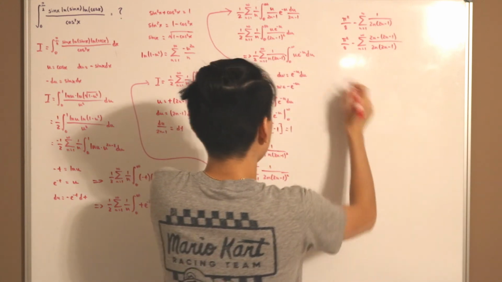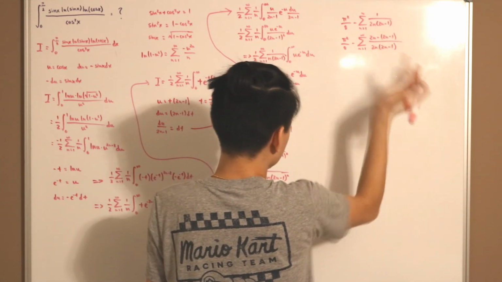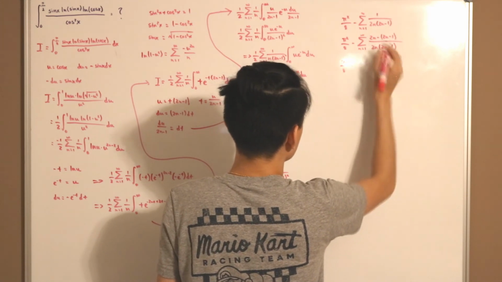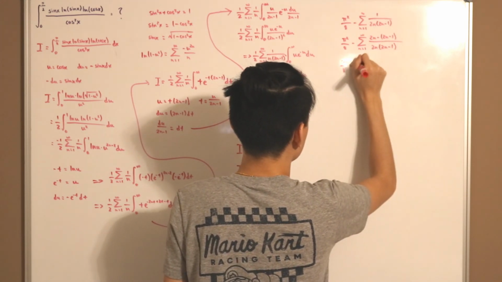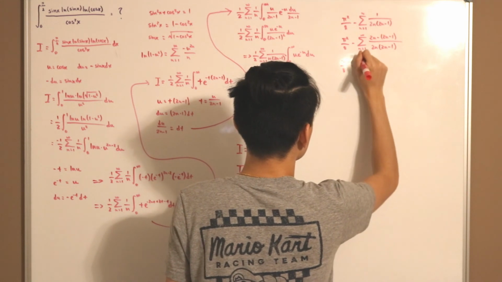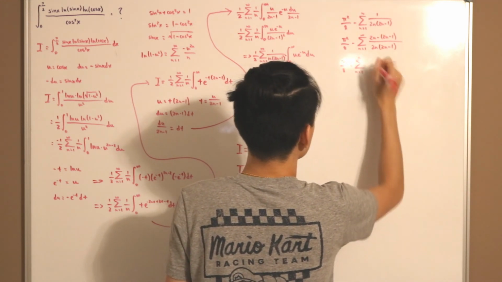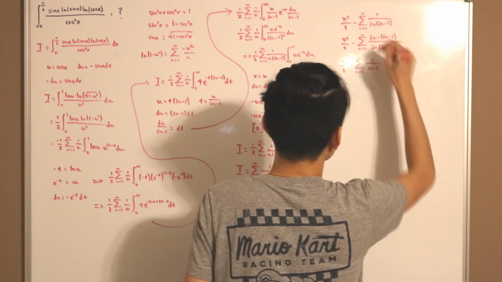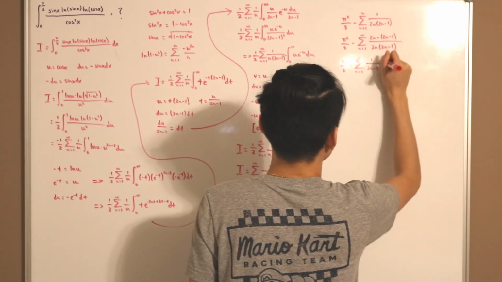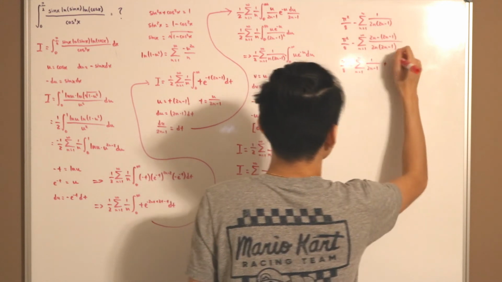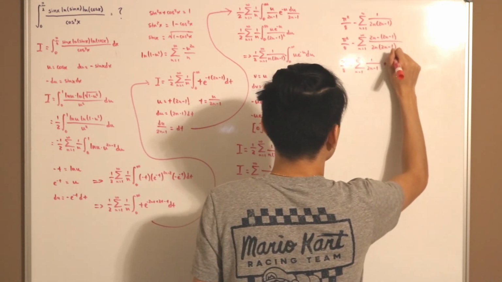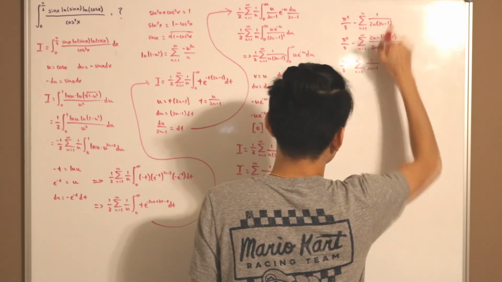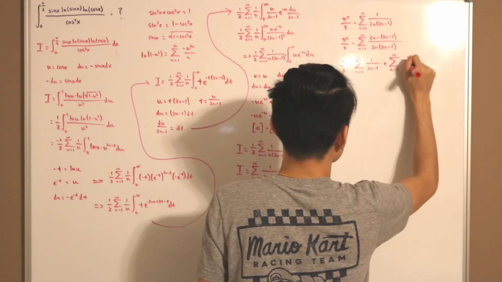Then same thing as before, we can split this up into two different series again. So this will cancel out to 1 divided by 2n minus 1, and then actually this will be a plus because we're distributing the negative. So n equals 1, and then 2n minus 1 cancels out, so it's just 1 divided by 2n.